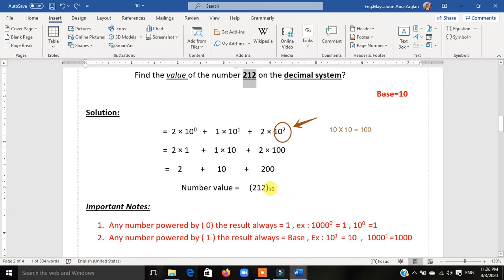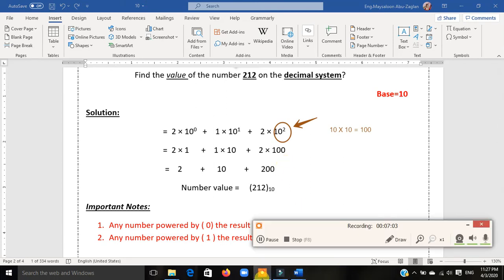But the most important thing is to subscribe the number 10 here. This means that we are dealing with a decimal system. It's very important to write a small 10 underneath the number after you find the value, because this indicates that you are using a decimal system. In the exam, there will be 1 mark for this subscript 10.